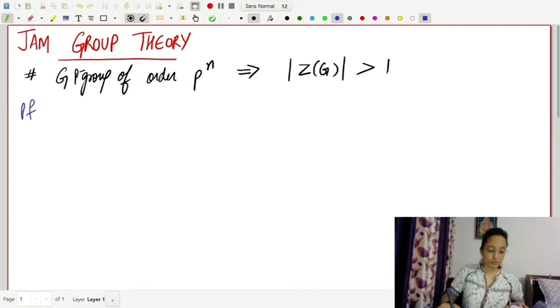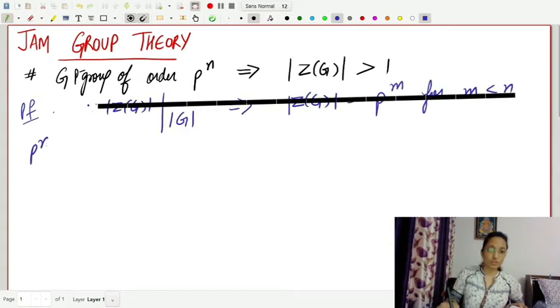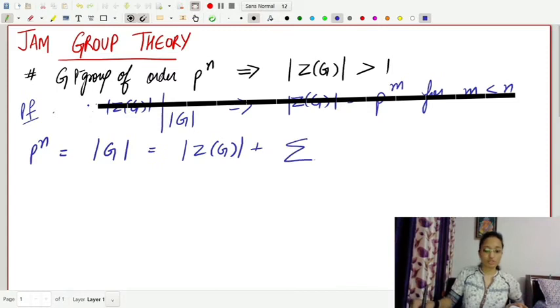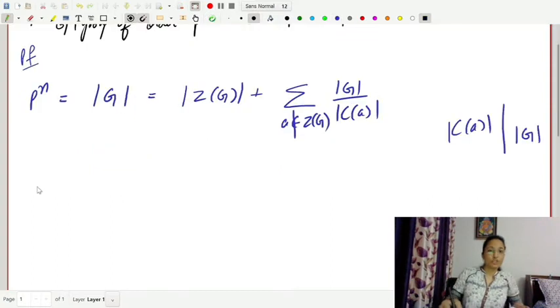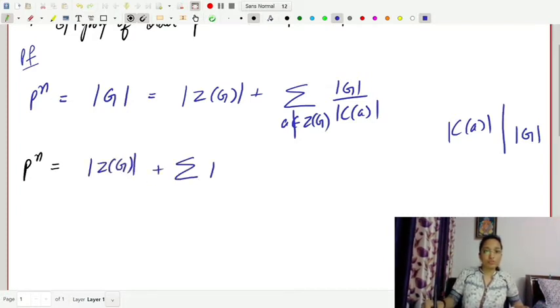Proof: by the class equation we know p raised to power n, the order of G, is equal to the order of the center of G plus the summation of the order of G over the centralizer of a, for a not belonging to the center of G. Therefore, it implies p raised to power n is equal to the order of the center of G plus the summation of p raised to power n over p raised to power m, as the centralizer of a divides the order of G.